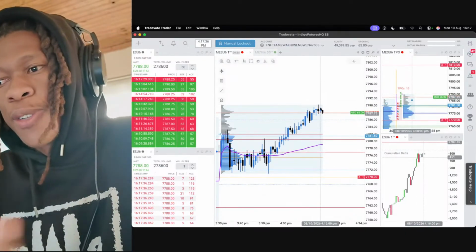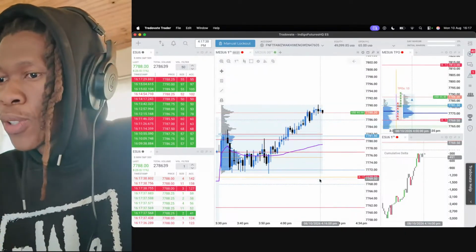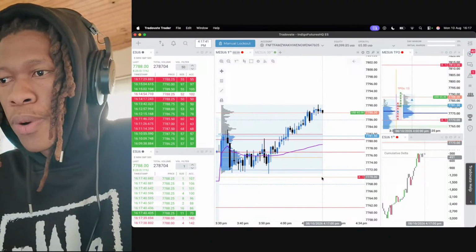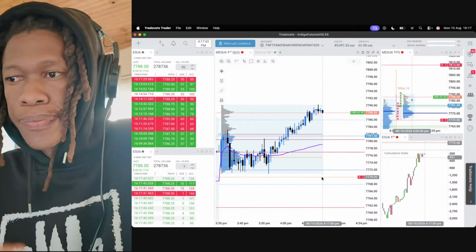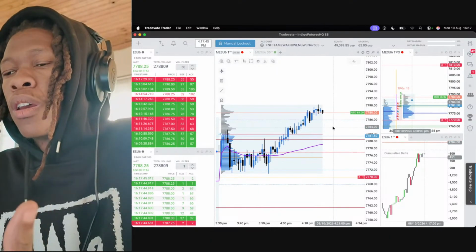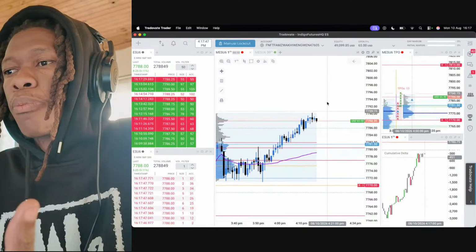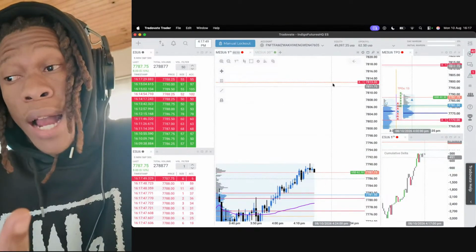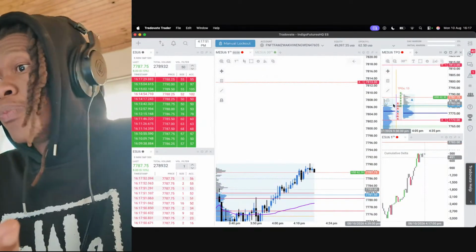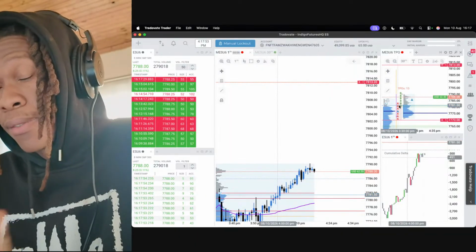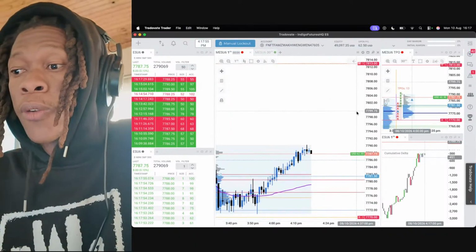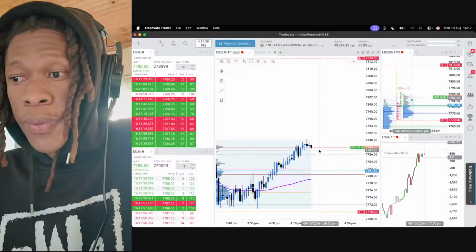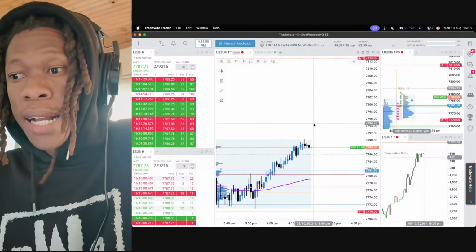So these are the scenarios. Accept the risk, accept that yes, we could come back all the way down to previous week point of control and get stopped out. But then ride the trade all the way up, because this could be a trend day. That's scenario one. Or we take profit now, right? Because we are now approaching IB.